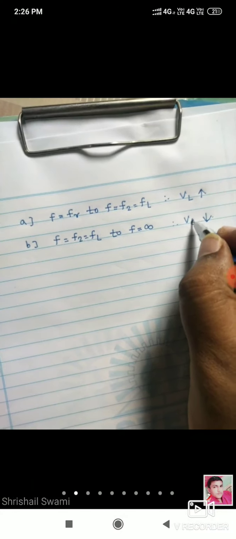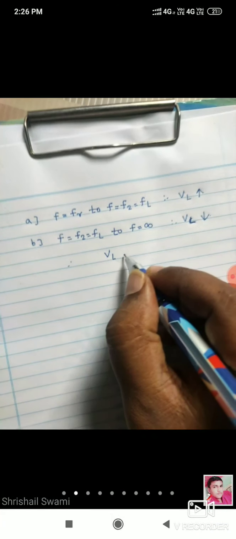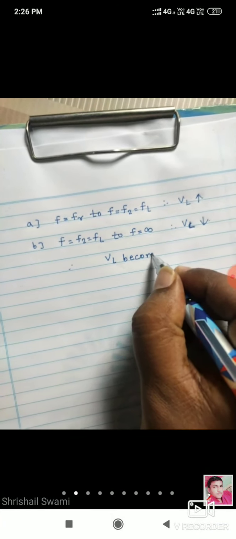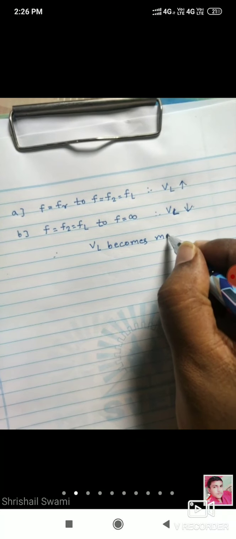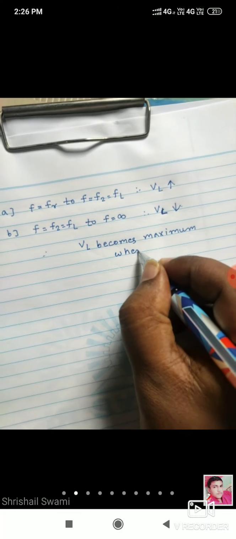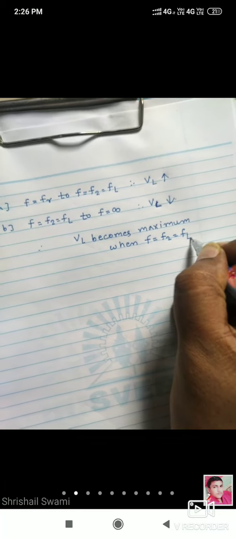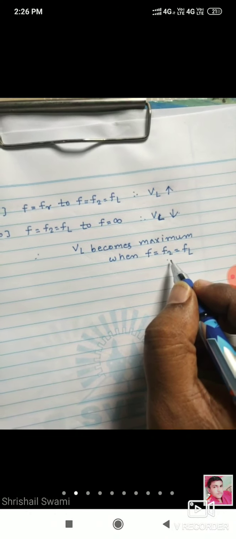Okay, sorry, VL. So VL becomes maximum when F is equal to F2 equal to FL. So we are going to find out the derivation for this.